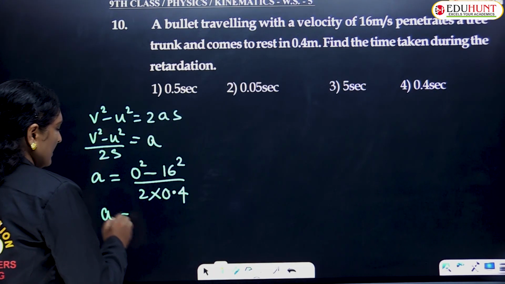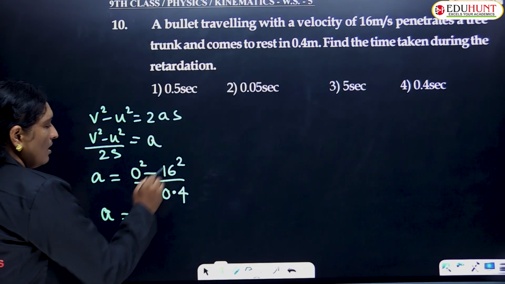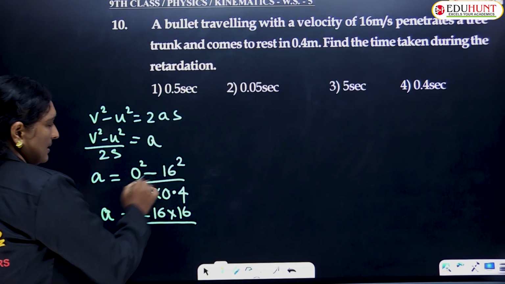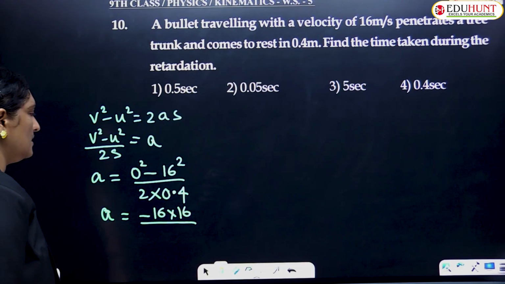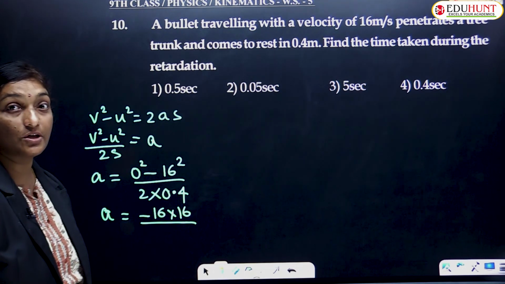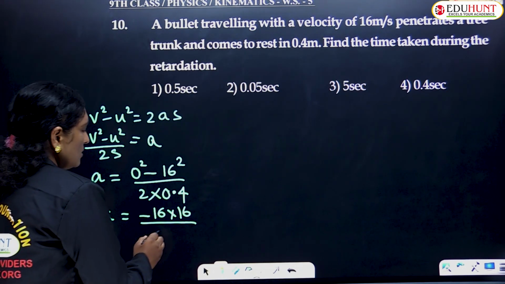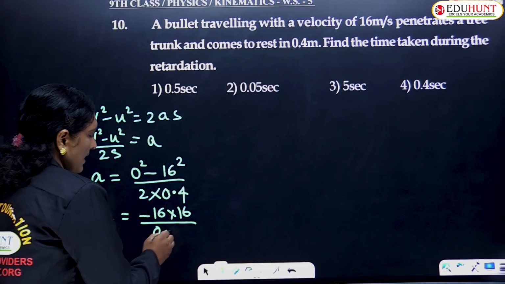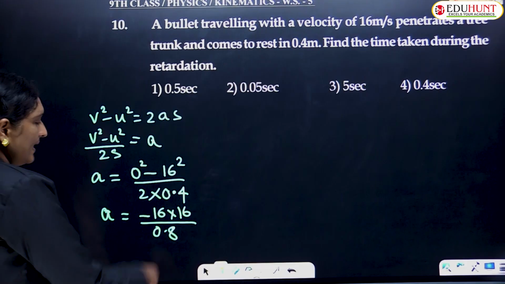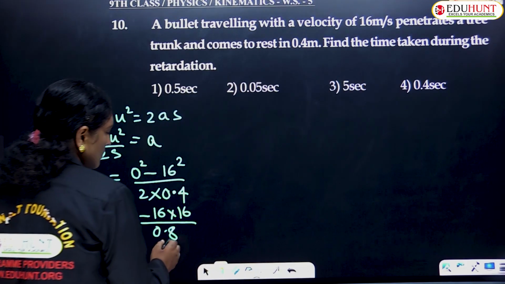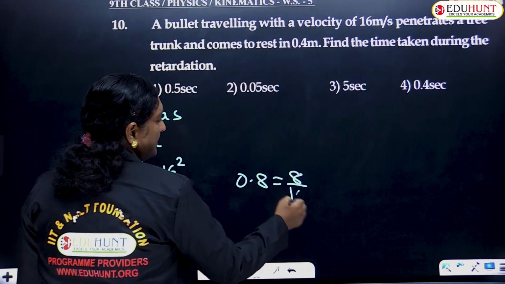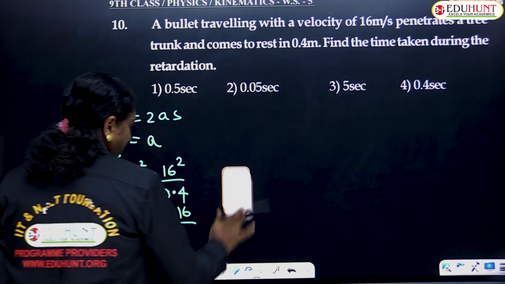Hence the value of A can be written as 0 square is 0, minus 16 square, which is 16 into 16, over 2 into 0.4, which is written as 0.8. 0.8 can also be written as 8 by 10.